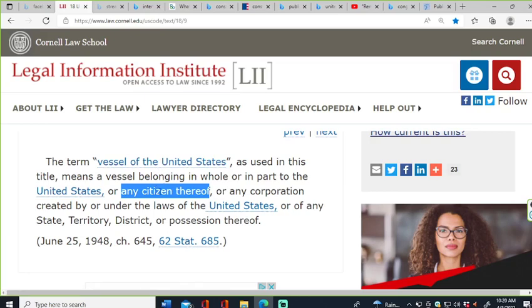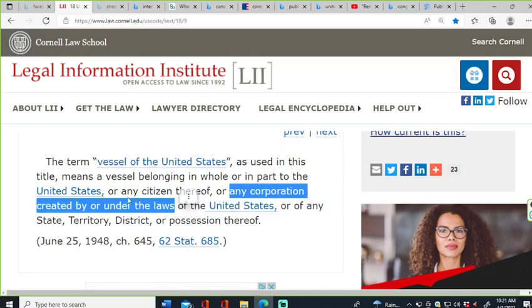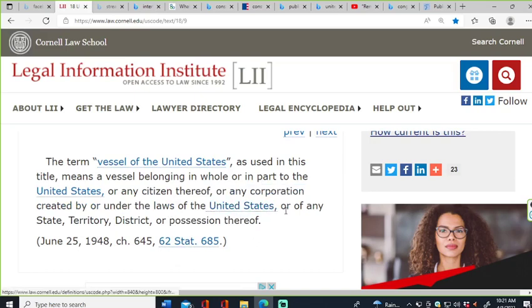So when they say belonging in whole or in part of the United States or any citizen thereof or any corporation created by and under the laws of the United States, when it's referencing the citizens or any corporation, you might as well say any corporation created under the laws of the United States or any state, territory, district, or possession thereof.